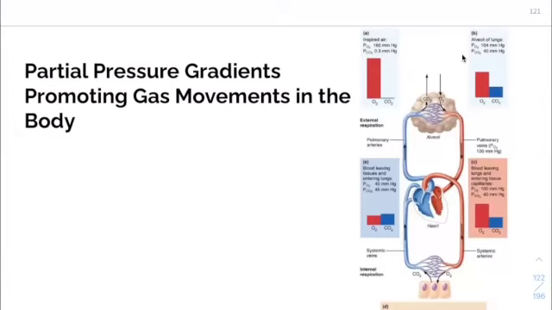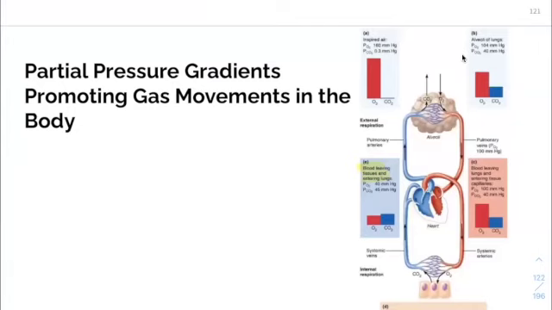If you notice, the pressures of oxygen and carbon dioxide in the tissues are the exact same as the blood leaving or entering the lungs.